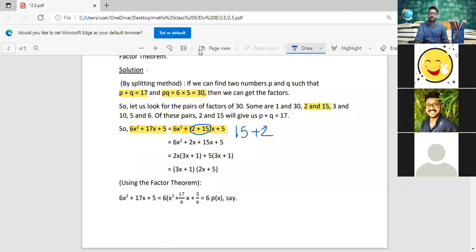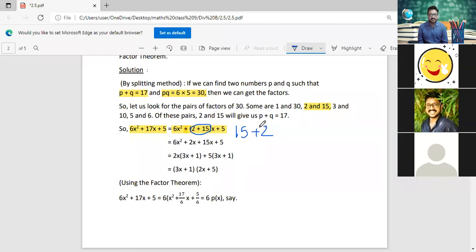And why do you say so? Many of you have told me we can easily write 15 plus 2. I think you have learned that. This was for your additional question: why can we write 15 plus 2 also?